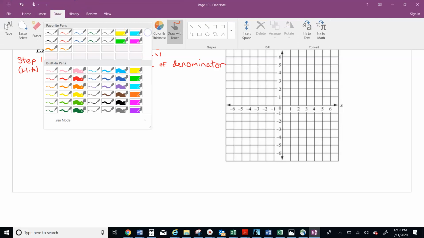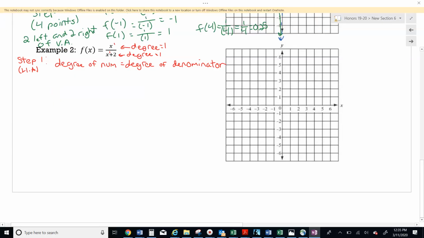So when they are equal, if you look back up, it says y equals the leading coefficient over the leading coefficient.